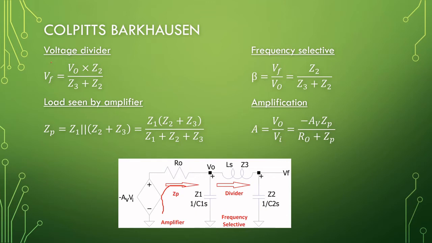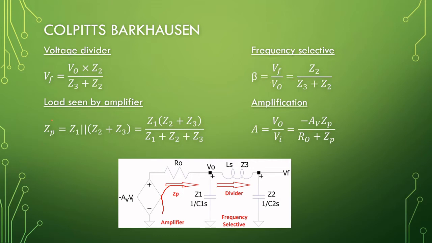The first voltage divider is the inductor and the second capacitor. So Z2 over Z2 plus Z3. And that is also our frequency selective network. So if we just add these impedances in there, we have our beta network.